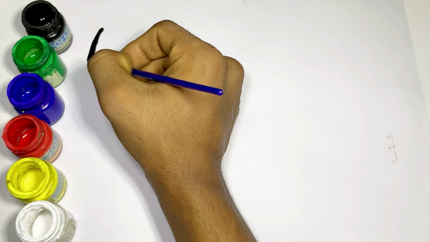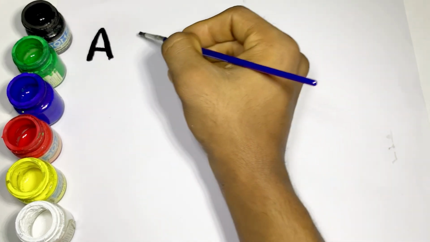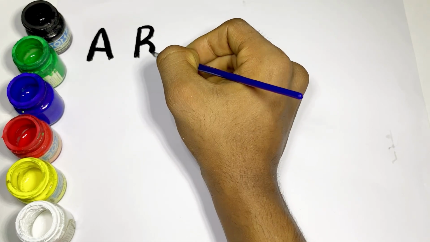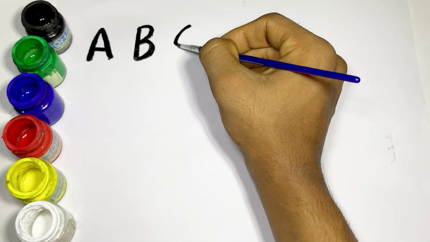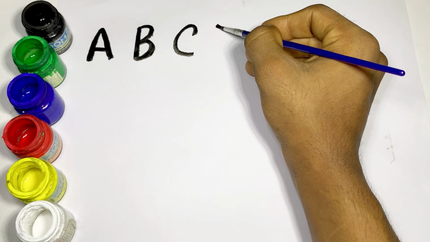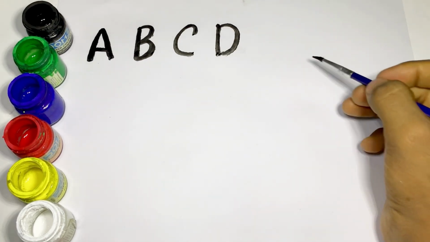A for apple, A for aeroplane. B for ball, B for bat. C for cat, C for car. D for dog, D for doll.